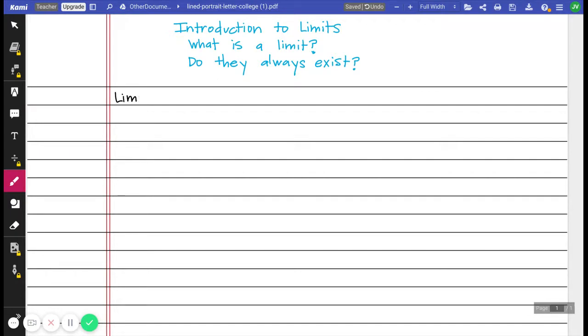So limits tell us how a function will behave at a certain point or value, even if the function does not exist there.